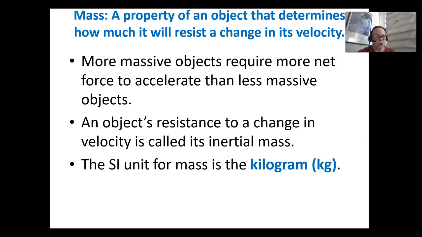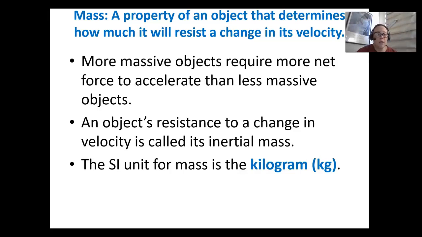We should probably talk briefly about the difference between mass and weight. Mass is a property of an object that determines how much that object will resist a change in its velocity. More massive objects require a larger net force in order to accelerate. A very simple example: if I have a bicycle and it's at rest, I can probably push that bicycle and make it start moving.